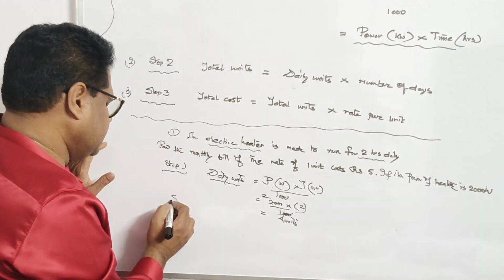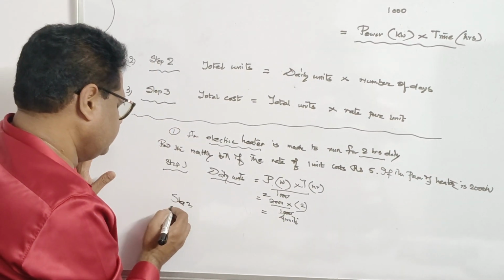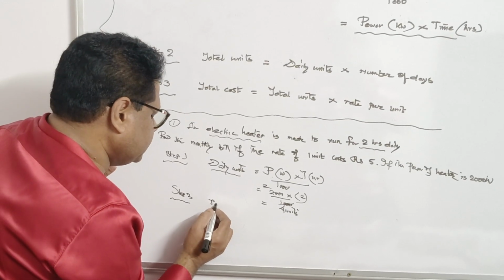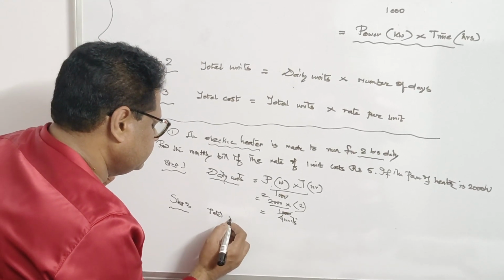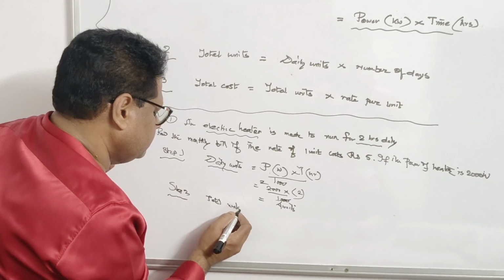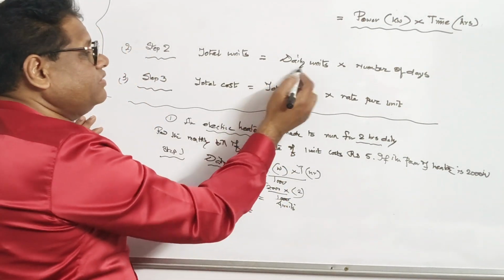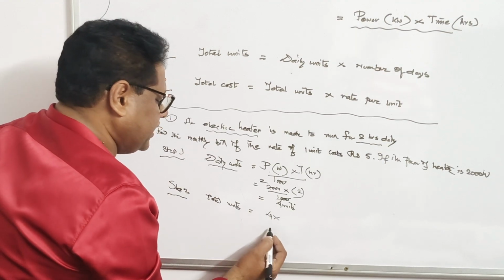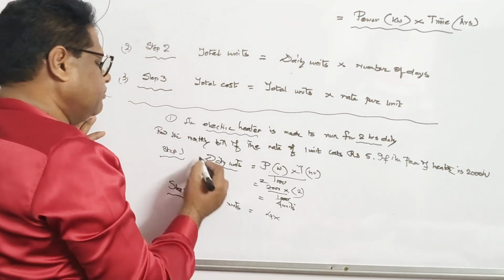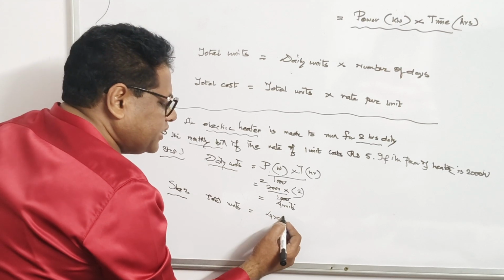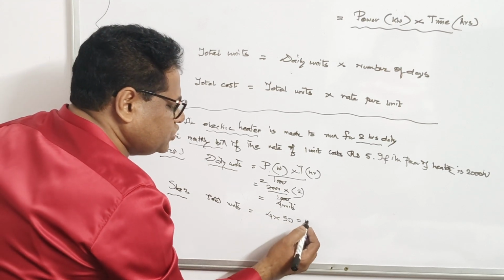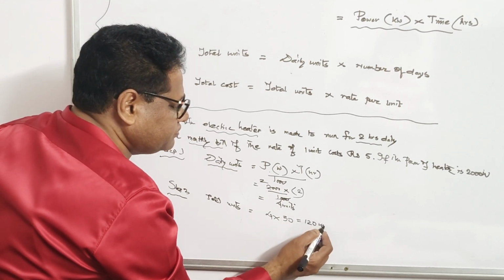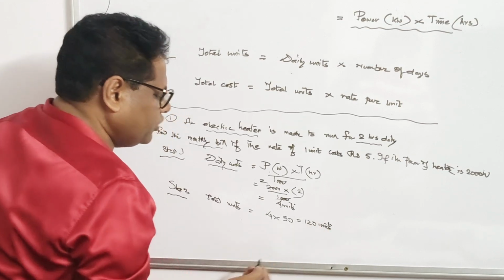Okay. Now as per step 2, the total units for 1 month. Applying the second step, we have the daily units 4 multiplied by, because you have to find the monthly bill, a month comprising of 30 days, so it comes to 120 units. Okay.